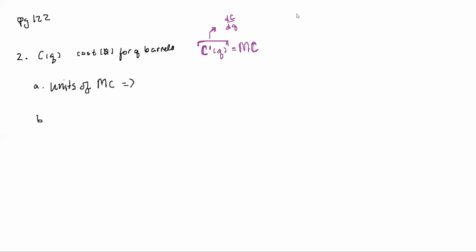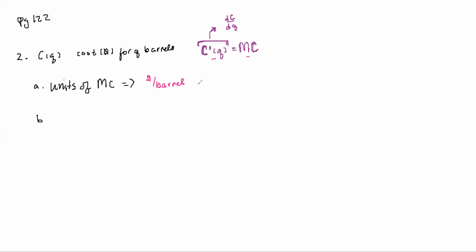So let's walk backwards through this. We're looking for units of marginal cost. That means we're looking for the units of the derivative of C, which brings us to the derivative of cost with respect to quantity. And that will be the cost in dollars per barrel of oil. Let's imagine we have Q barrels of olive oil that we're producing, and we're going to increase that to Q plus 1.